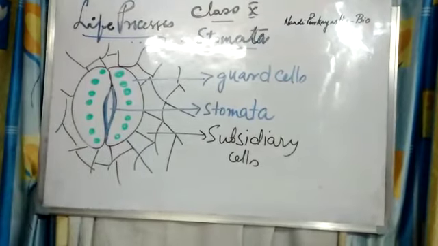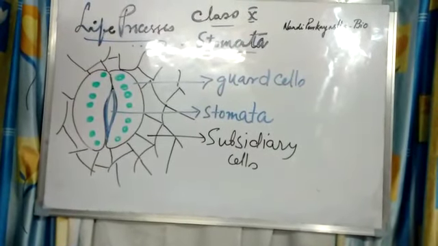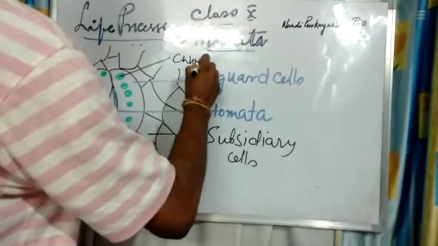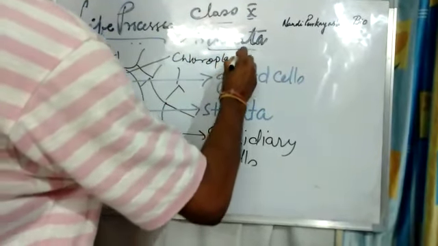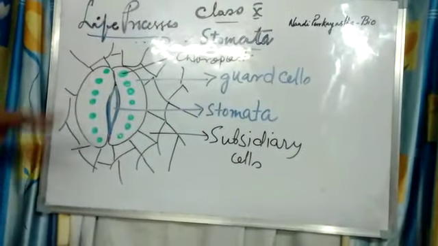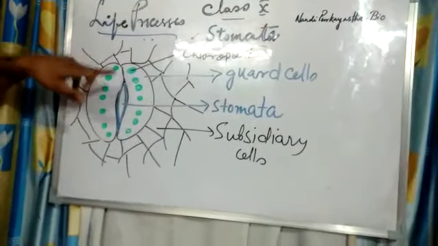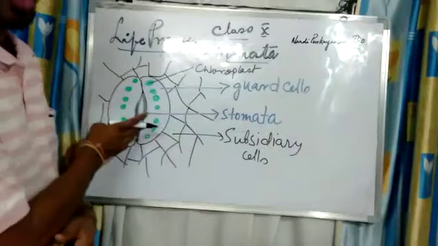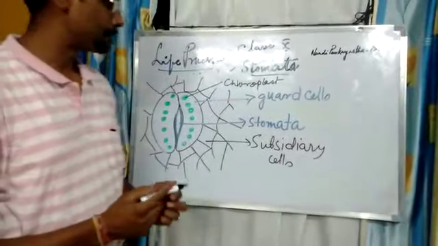Can you get it? These are called chloroplast. It has chlorophyll, so the guard cell has chlorophyll. One thing is very clear, that it undergoes photosynthesis.